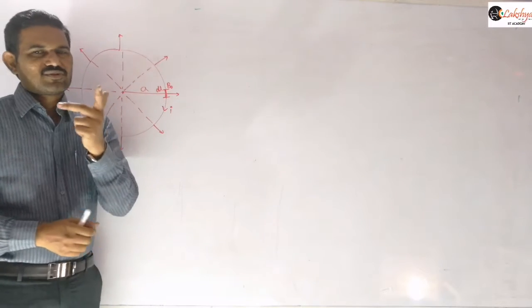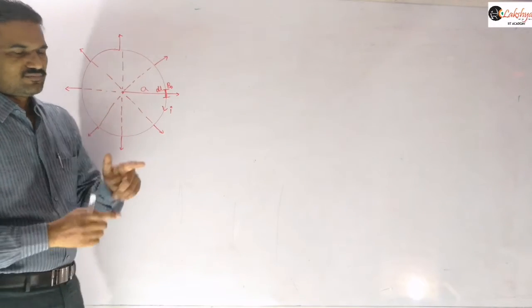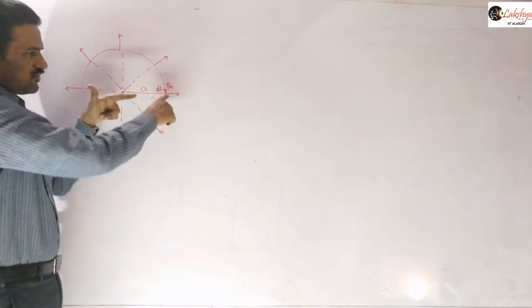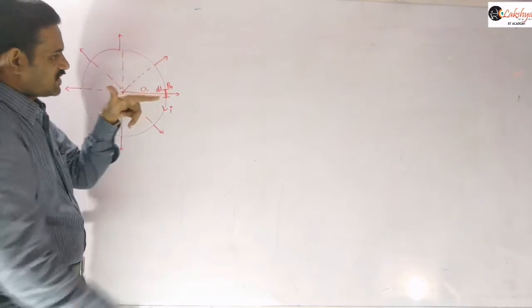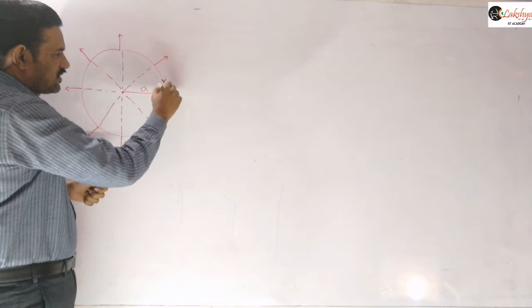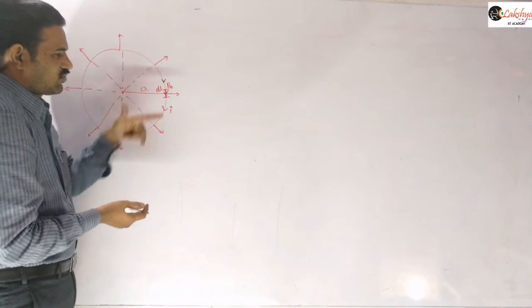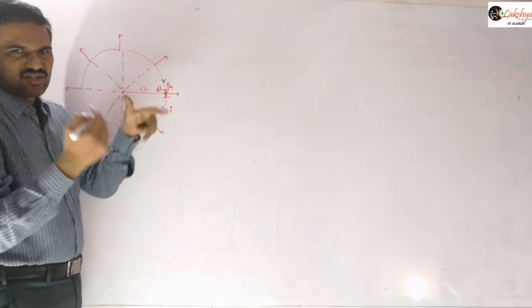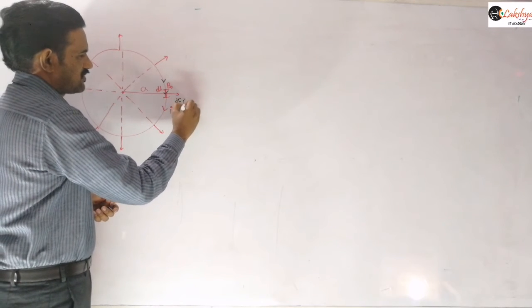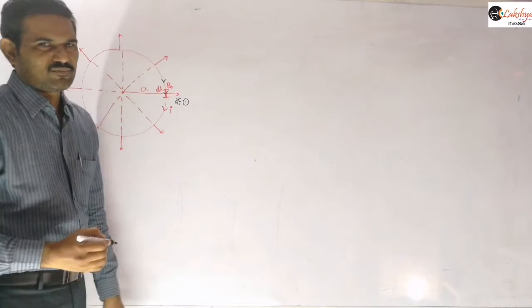Direction of magnetic force means you can apply Fleming's left hand rule. Field is lying in the plane and it is radially away. So for this element the field is along this direction and the current here we are taking in clockwise sense. So current is flowing like this. So we should take that current in downward direction like this. So field is out of the plane here. So the magnetic force acting on this small element will be out of the plane.